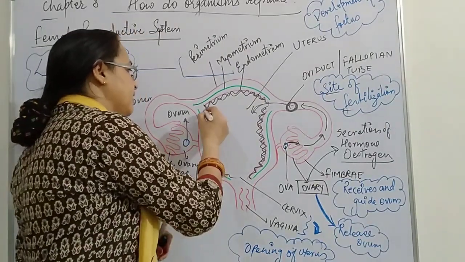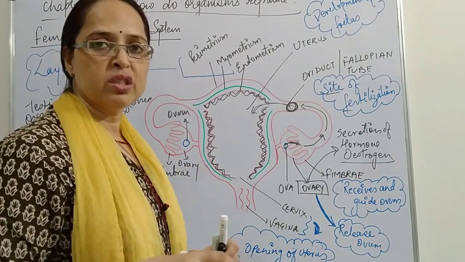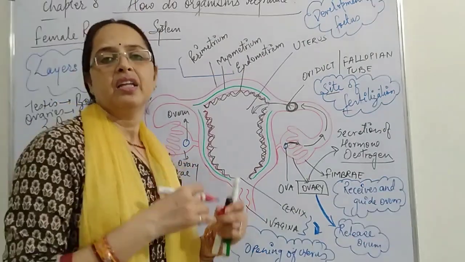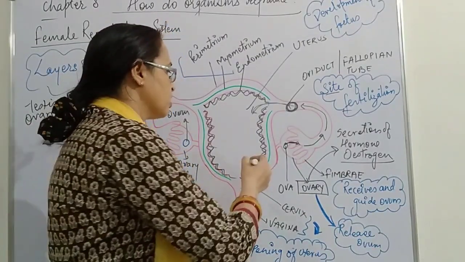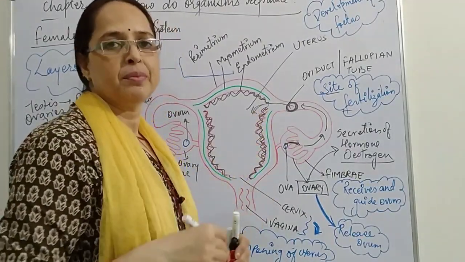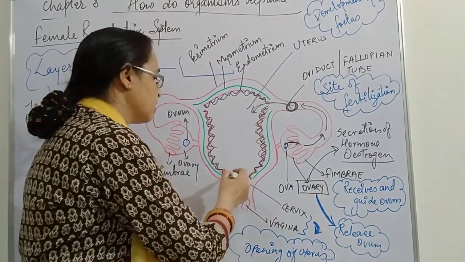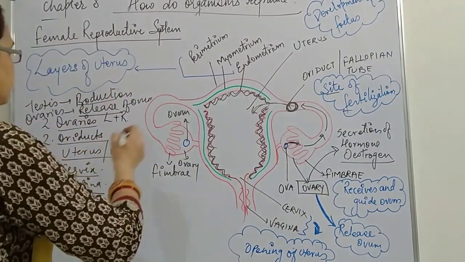When this lining degenerates, then what will happen? The blood which is accumulated is of no use. The nutrient which is present in the blood, in the endometrium, is also of no use, which causes the breakdown of the endometrium layer. This endometrium layer breaks, causing the bleeding which is called menstruation.